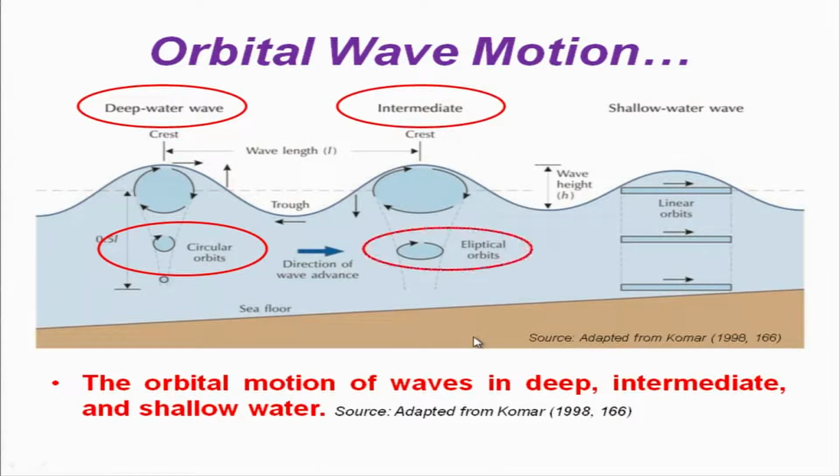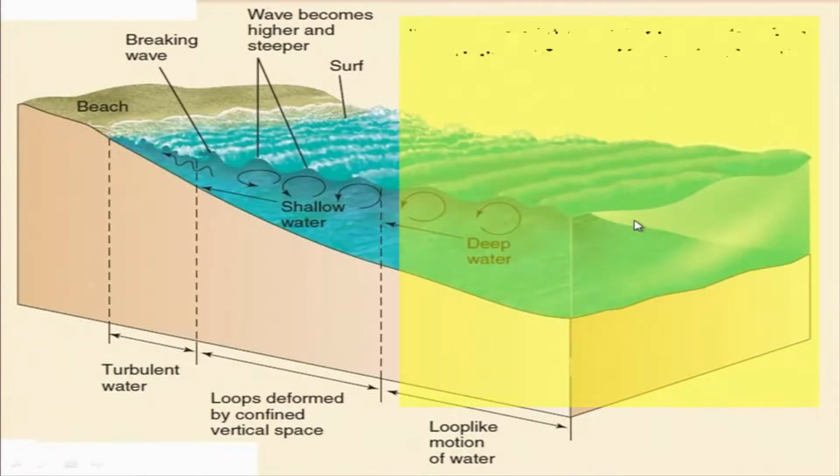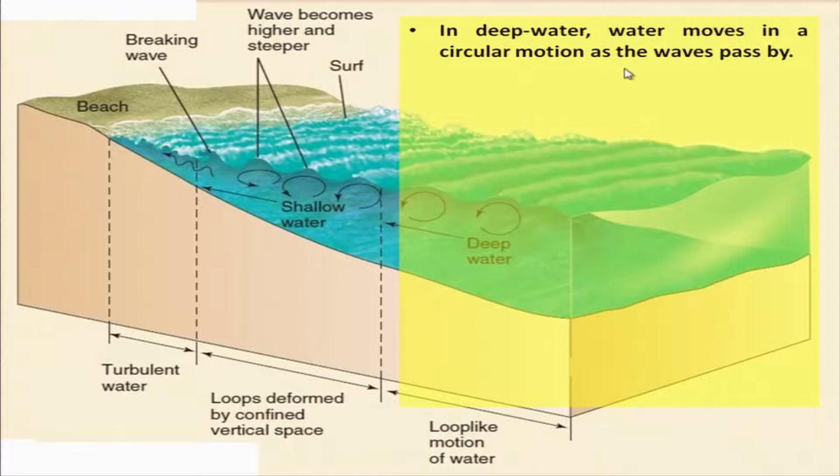Intermediate, it is elliptical, whereas in the shallow waters close to the coastal regions, the motion is almost flat. So this has been modified to a flat, linear motion. So this is what it shows, that if you are in the deeper part, then the motion is almost circular in the deeper waters.